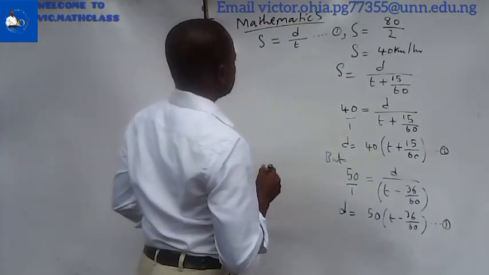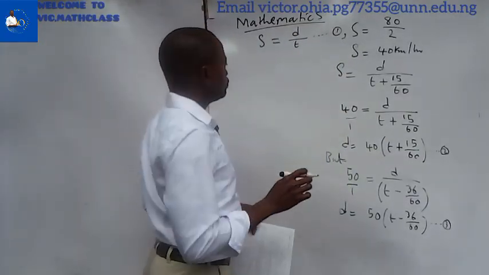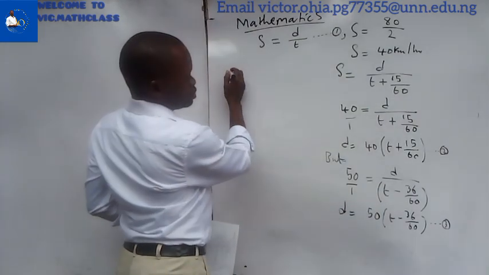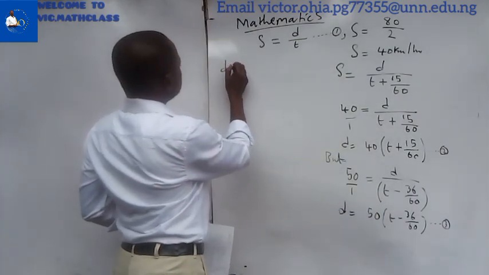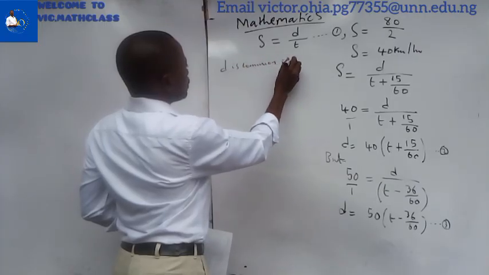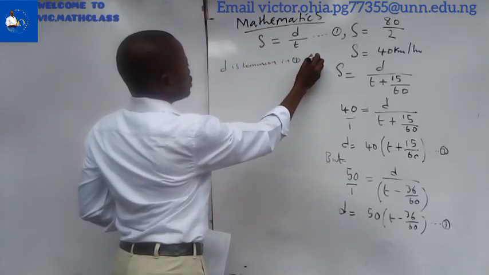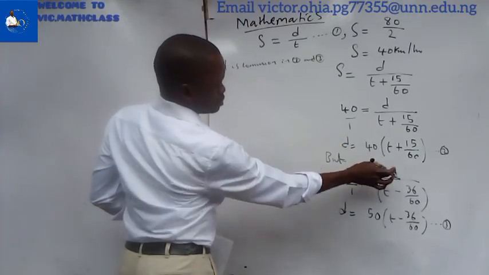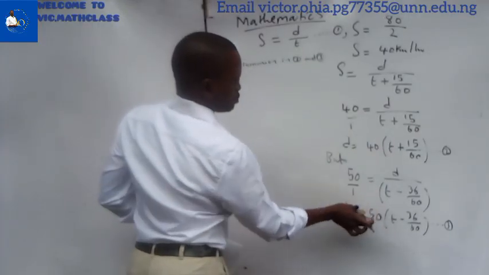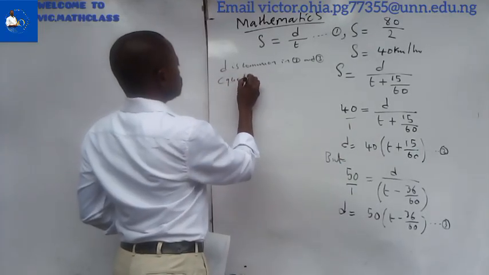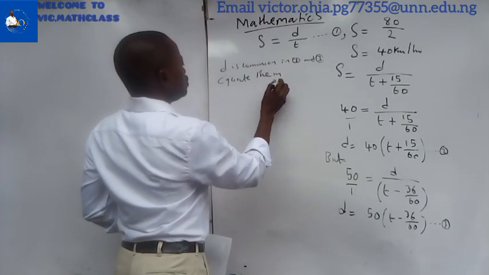But make an observation. Now we solve the mathematics. The observation one needs to make here is that you see that d is common in 2 and 3. So because of that, this is this and this again is this. We can equate them.